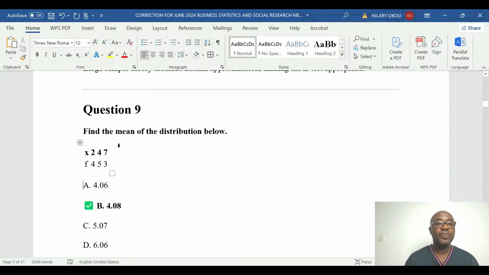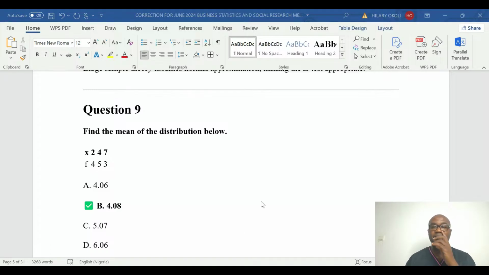Under X is 2, 4, 7, while F is 4, 5, 3. So 2 will times 4, 4 will times 5, 7 will times 3. When you say 2 times 4 plus 4 times 5 plus 7 times 3, that is the way to go about it.